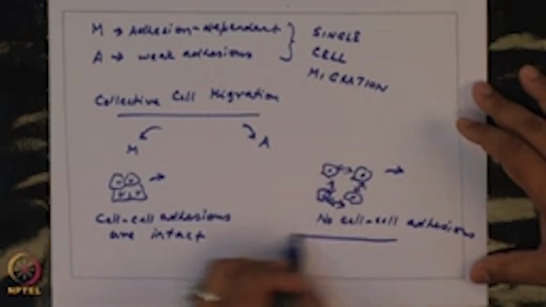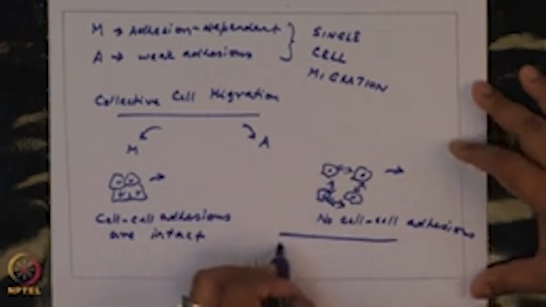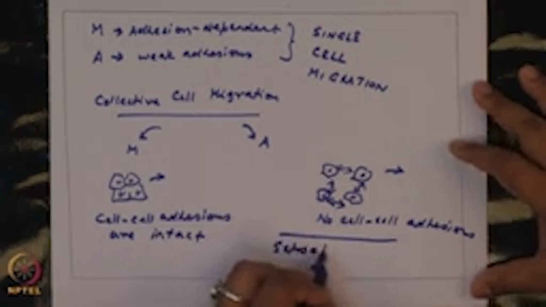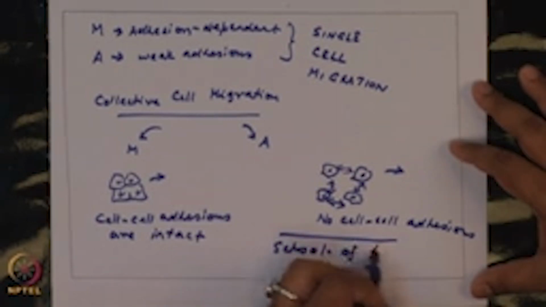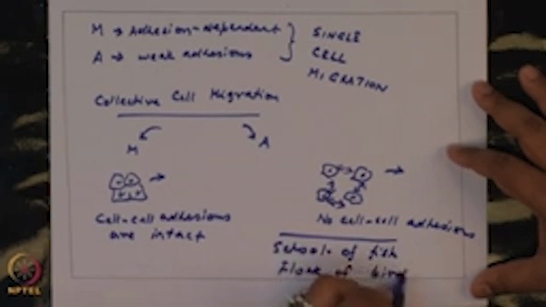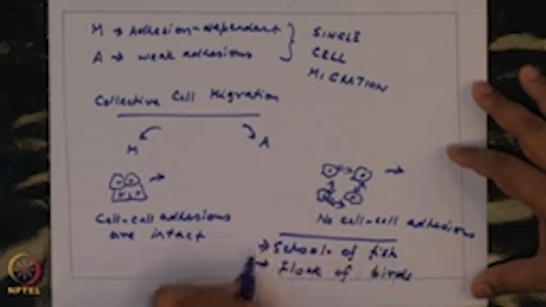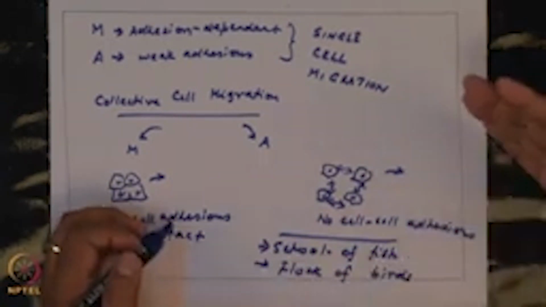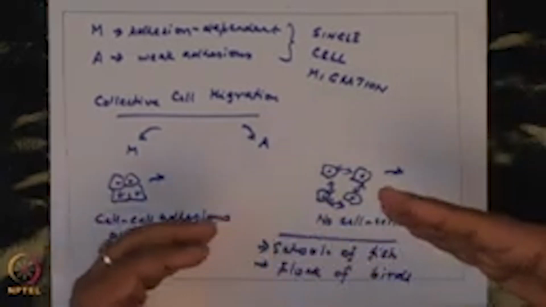At the macro scale, if you look at a school of fish or a flock of birds, you have multiple entities which migrate together, yet they do not clash into each other. So, there is some spatial signaling which regulates the spacing between them.